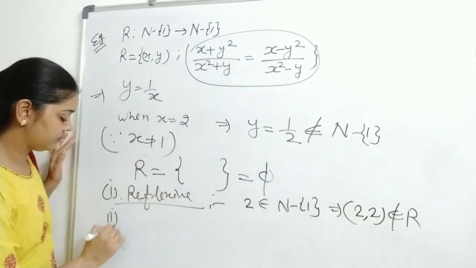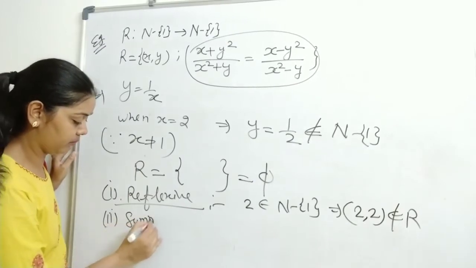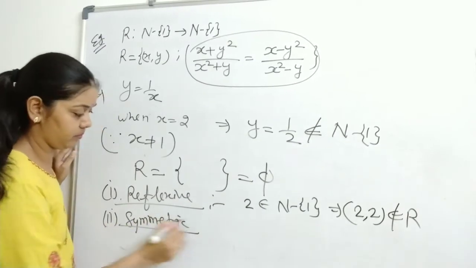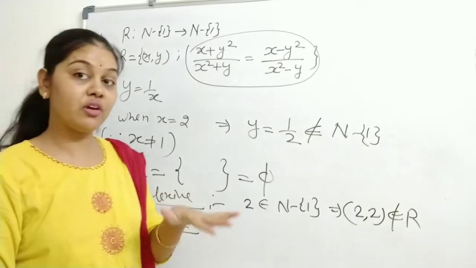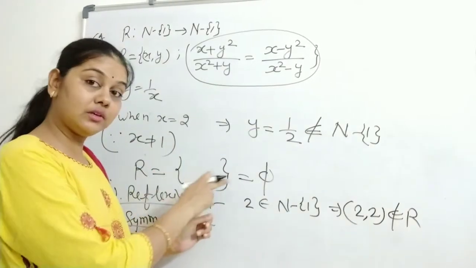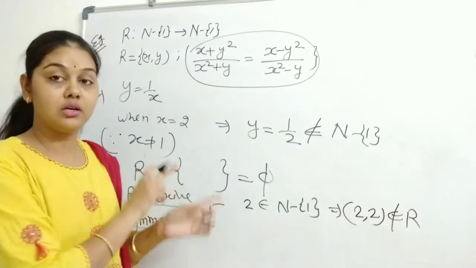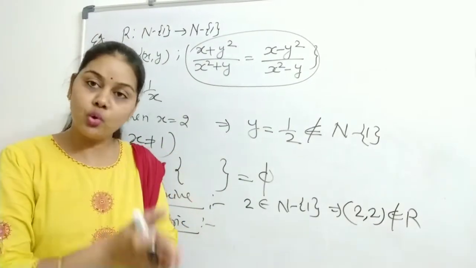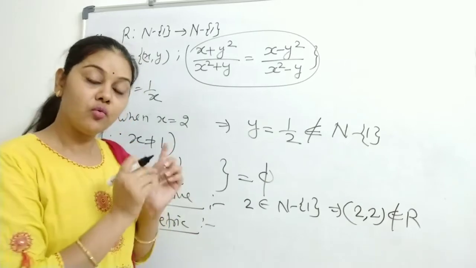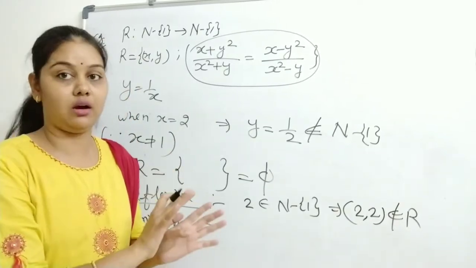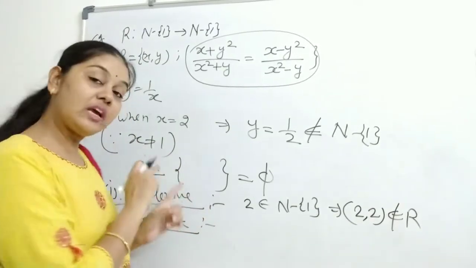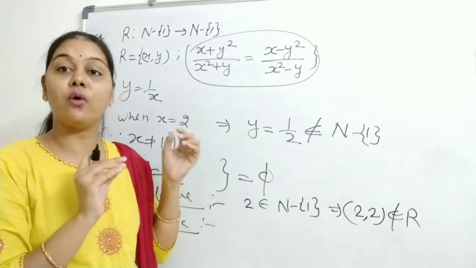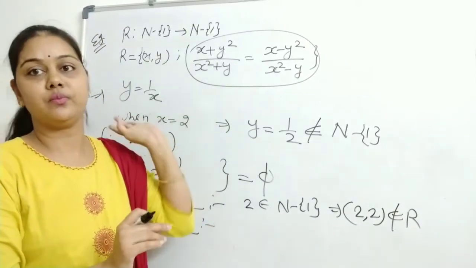Now, secondly, symmetry. Symmetric and transitive are checked only for those ordered pairs or elements which belong to R. Reflexive is checked for all the elements of the domain.